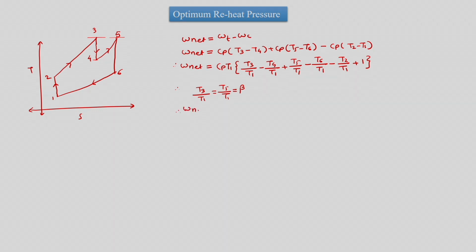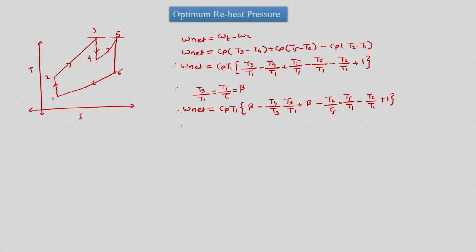So with this we can write down W net is equal to Cp T1, and this T3 by T1 is beta minus T4 by T1, and then we can write as T4 by T3 into T3 by T1 plus T5 by T1, and T5 by T1 is also beta minus T6 by T1. For that we will write T6 by T5 into T5 by T1 minus T2 by T1 plus 1.